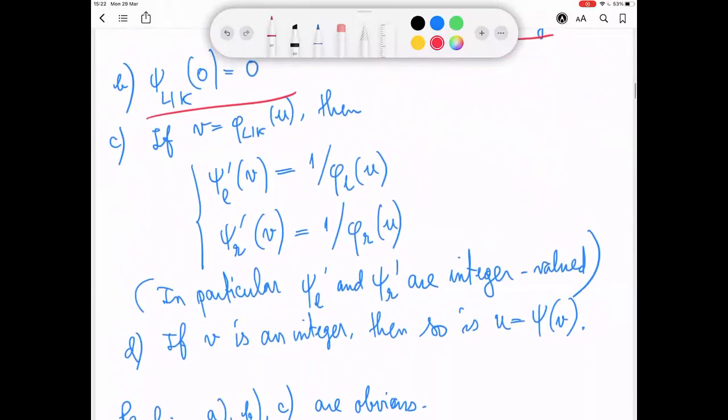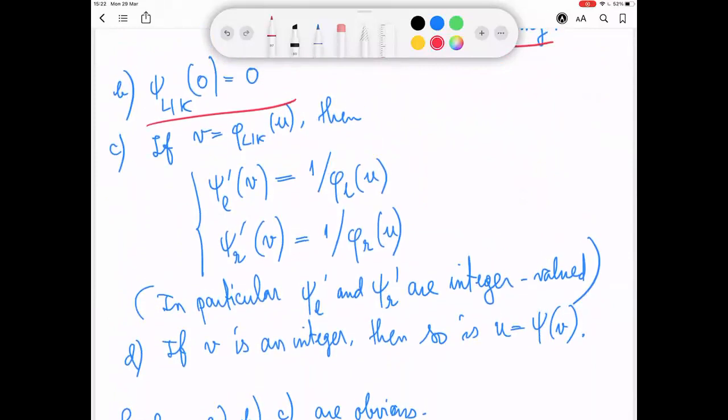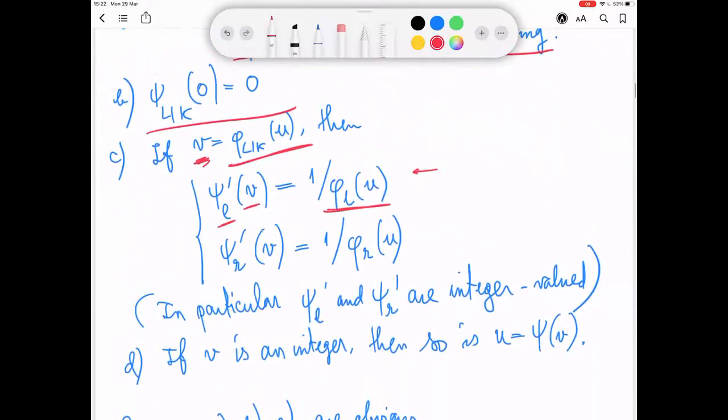And if v is equal to phi of some u, then the left derivative at v is equal to 1 over the left derivative of phi. I think it should be, no, it doesn't make sense otherwise, because phi L should be the derivative, right?